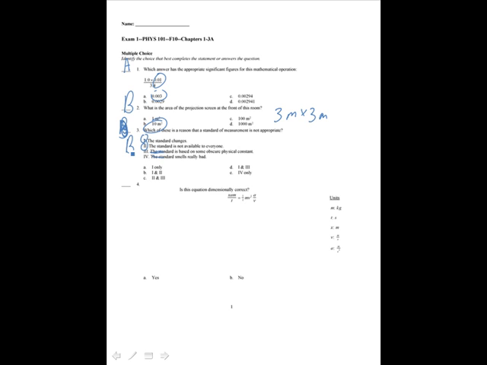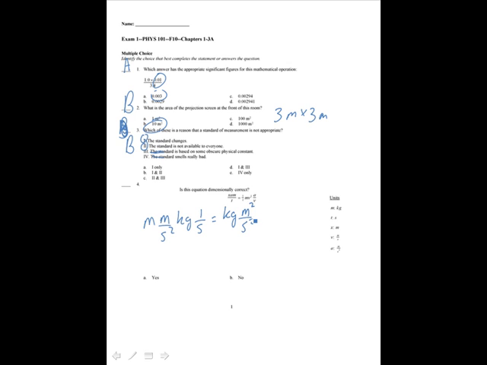Number 4, is this equation dimensionally correct? Well, x is in meters, a is in meters per second squared, m is in kilograms, and t is in seconds. So this on the left hand side gives us kilogram meter squared per second cubed, and then on the right hand side we have kilograms meters squared per second squared. That's v squared.